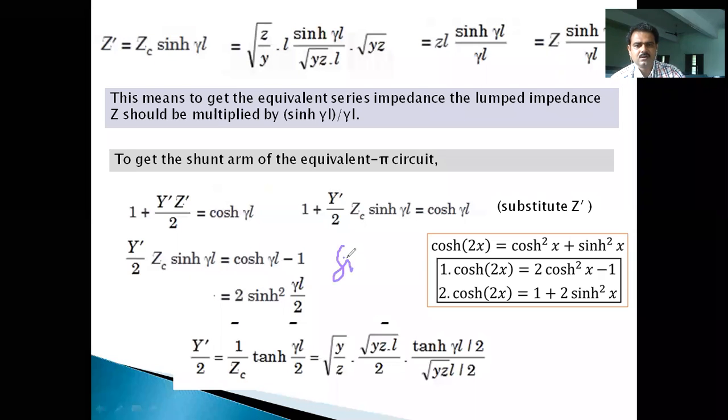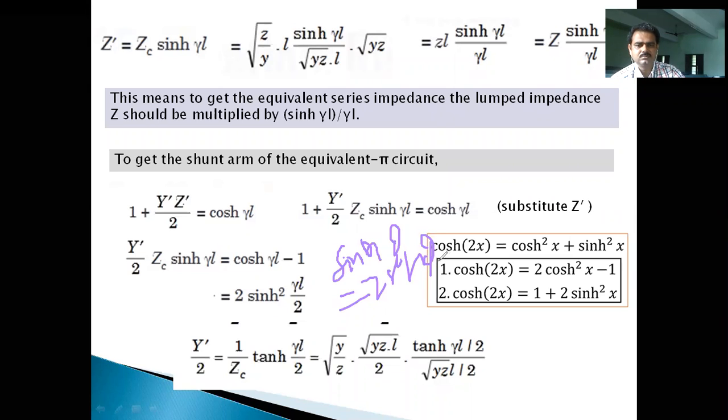So simply I have written sinh theta can be written as 2 sinh theta by 2 cosh theta by 2. Using the same formula I have not given here, so the same formula we have used.